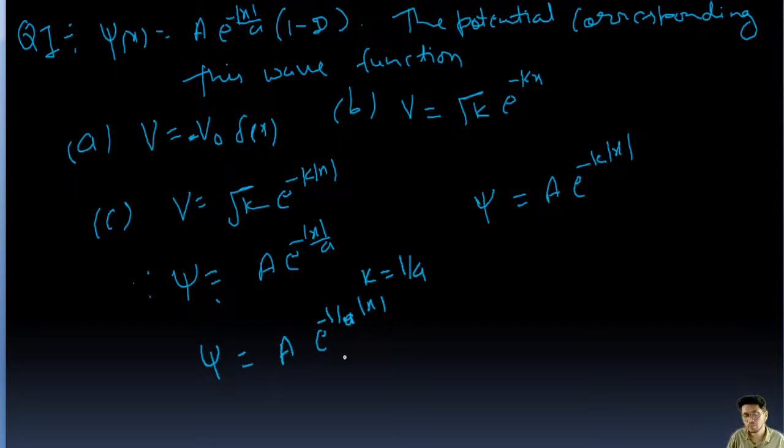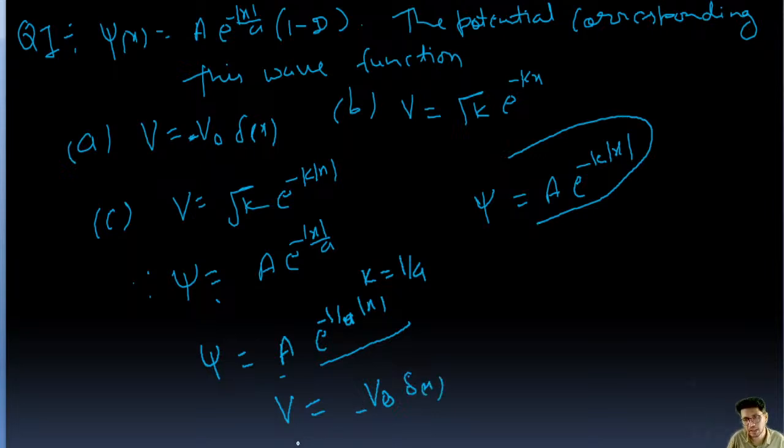So we know if the wave function is of this form, then the potential is a Dirac delta potential, and that is V equal to V naught minus V naught delta x. Simple, because the constant can be anything. So it means this is a Dirac delta potential. Which option is correct?